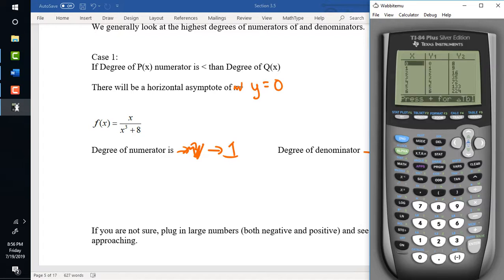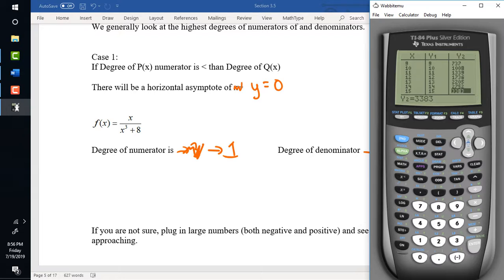So if you look at this here, right, so y1 is x, and notice as I'm going up, x is 7, 8, 9, 10. But if you look at x cubed, or my second one, which is x cubed plus 8, notice it's growing a lot quicker.